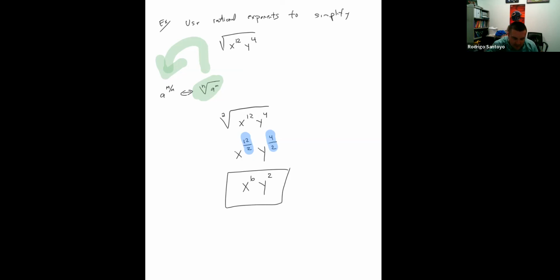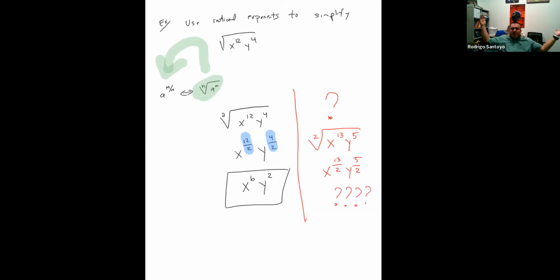So my question here, and this is what I want you to start thinking about, is what if you had this? 13 divided by 2, 5 divided by 2 is not very nice.